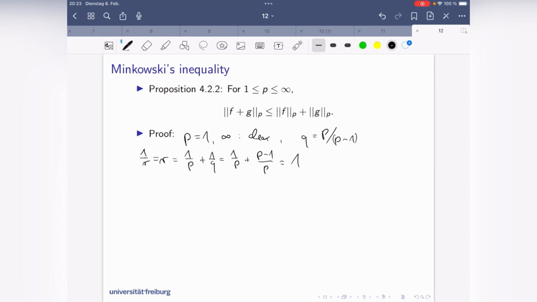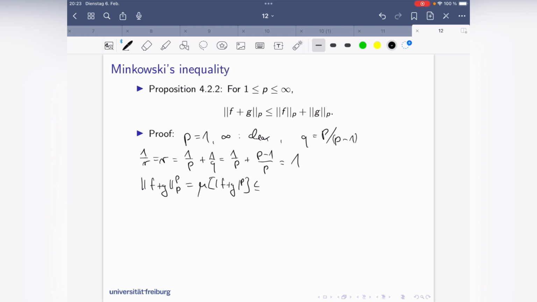And we do this and write the p norm to the power of p of f plus g. So here what we have is mu integral of f plus g to the power of p. And apparently I have p powers here. I can split off one of them.